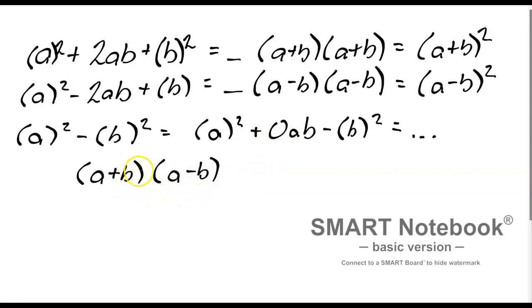But this is another special case. So these two are pretty much similar, so I'll do a scenario with this, and this one's unique, so I'll do one of these.